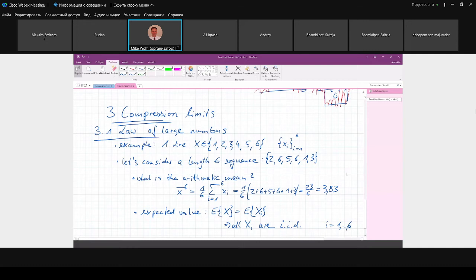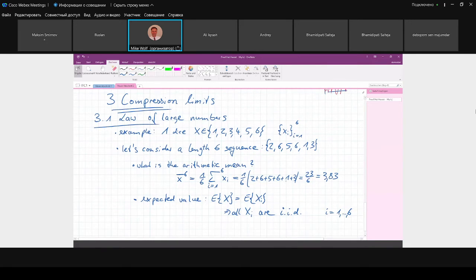Have you seen this before, IID? Maybe. So this is a sequence of dice throws, and it's a fair dice. And the next result has nothing to do with the previous, so they are independent.